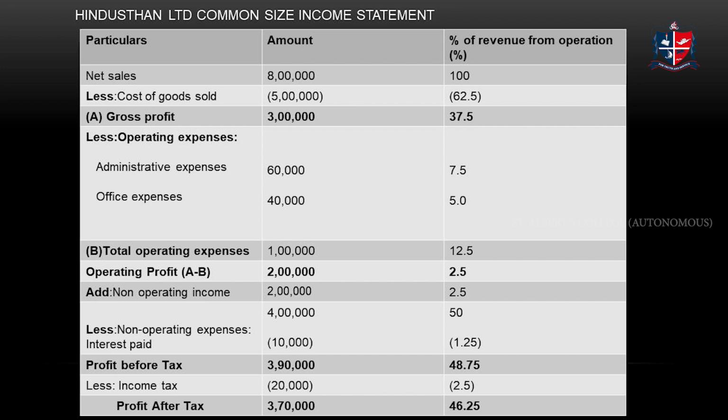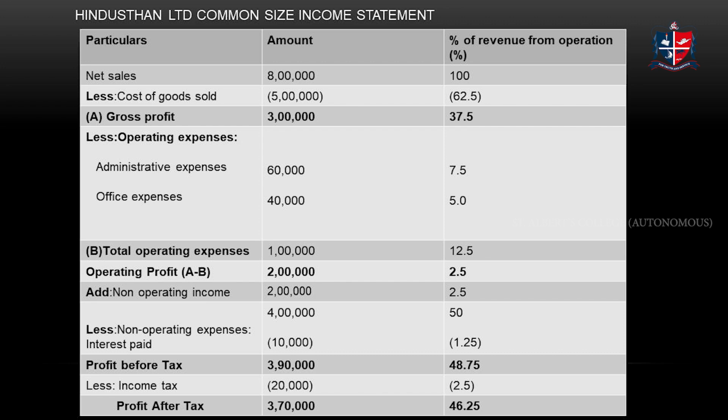Okay, then add non-operating income if any. In this question 2 lakh rupees is given as non-operating income, so add that amount and also find out the percentages too. Then we will get the total amount, that is 4 lakh, and the percentage is 50%.